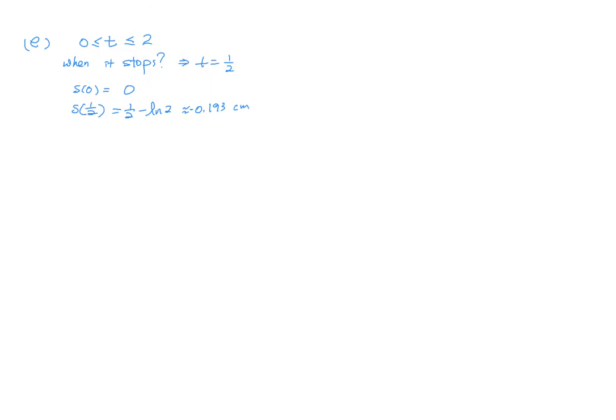Okay, how about s(2)? 2 minus ln 5. So this is approximately 0.391. So this is positive, correct? Now, let's have a look at the motion diagram.